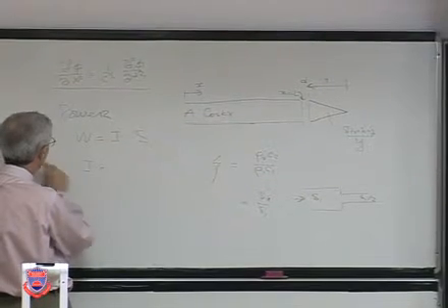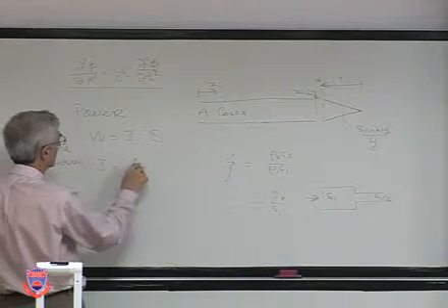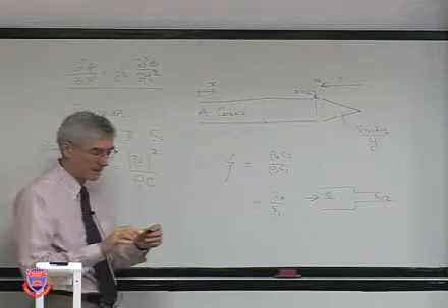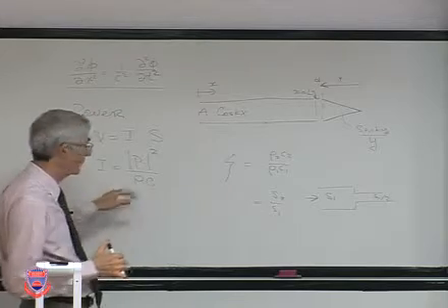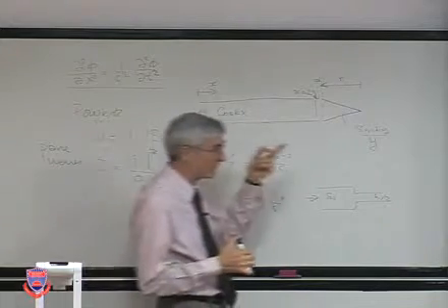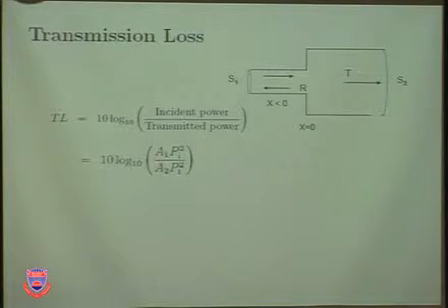And intensity for plane waves can be expressed as square of the amplitude of the pressure divided by specific acoustic impedance. Because it is the same fluid on both sides, we have not included it here, but it is smart to keep these in mind, okay? Because if you just blindly use the equations, then you could make a mistake.